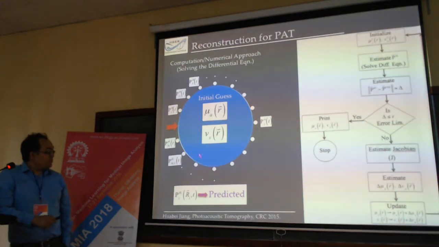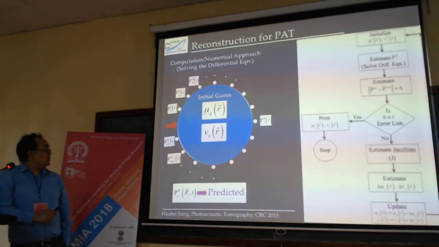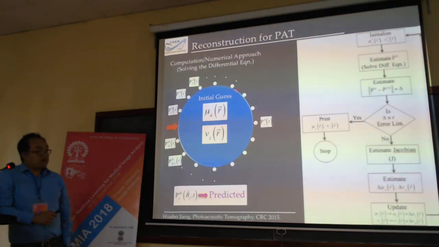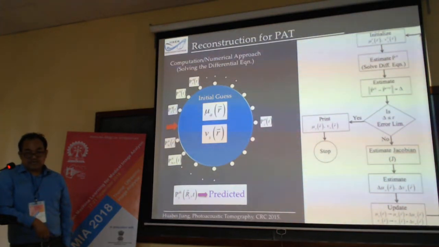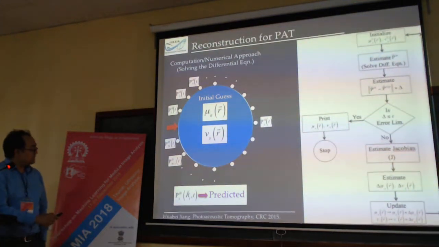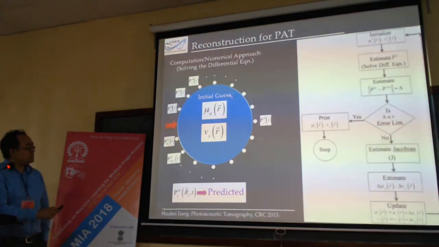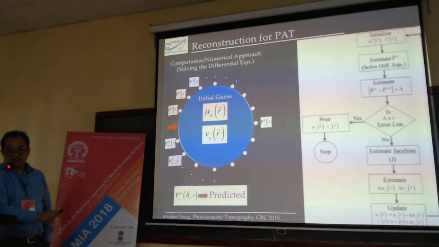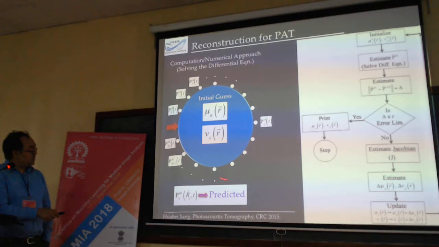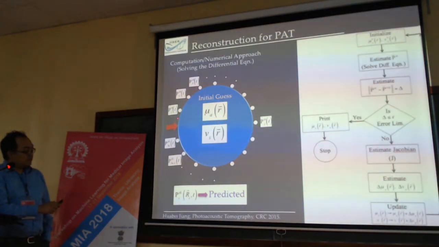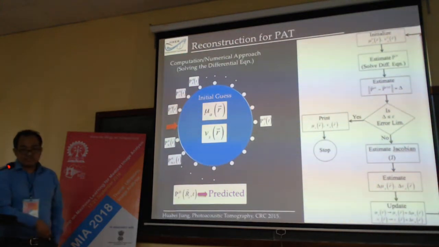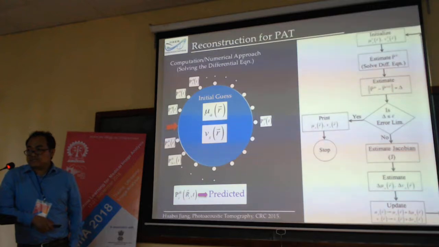Then from that numerical method, we can obtain the signal strength at the boundary corresponding to the locations of the sensors, in our case transducers. So with the given parameters and the given source, that is the initial guess. Theoretically we estimate this, and then with these distributions, we check whether this measurement matches our experimental measurement.